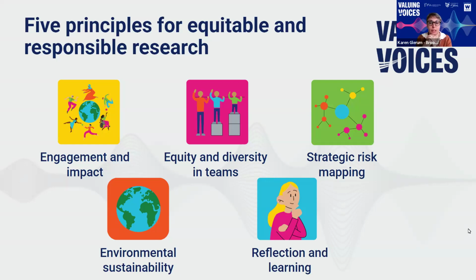We're on the 3rd session today, halfway through, and so environmental sustainability and reflection and learning deep dives are still to come in the next months. And what we're saying as Valuing Voices is that if you keep those 5 principles in mind, you're well on your way to doing research well in terms of being equitable and responsible and therefore hopefully more impactful in your research.